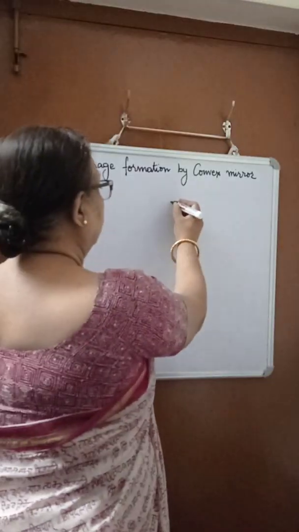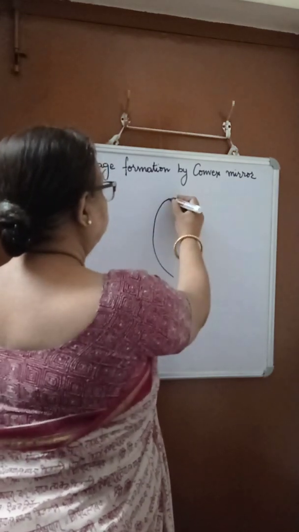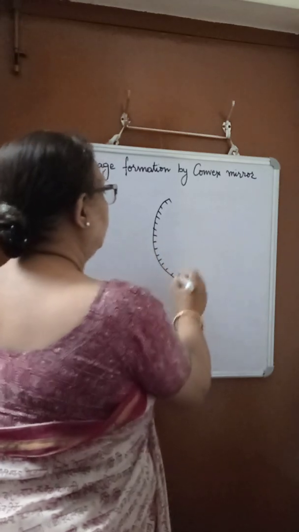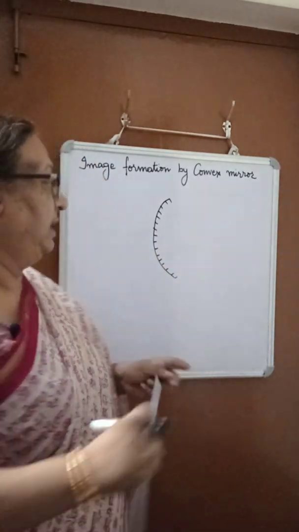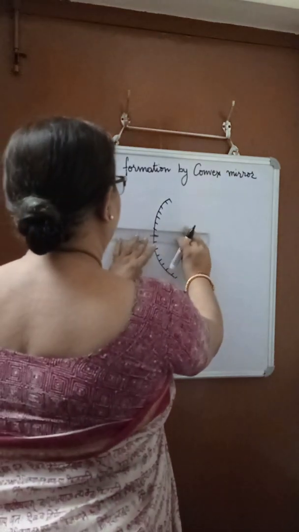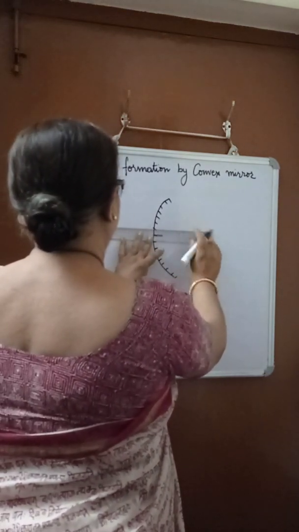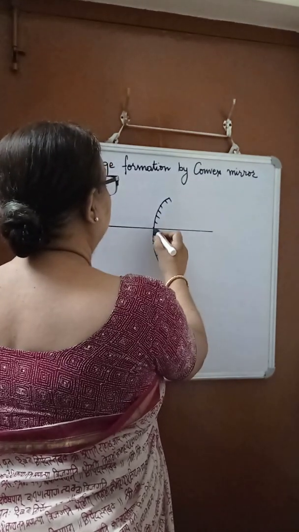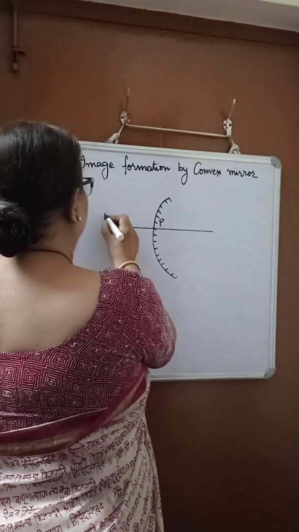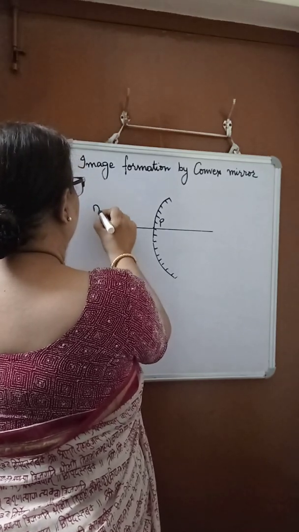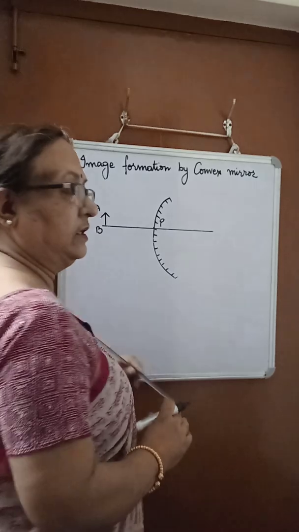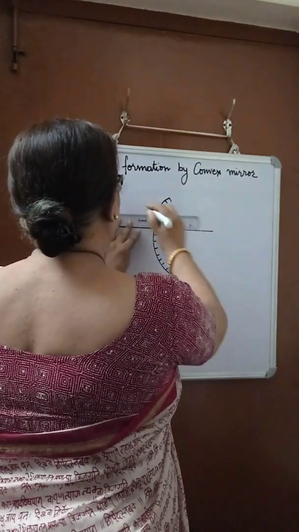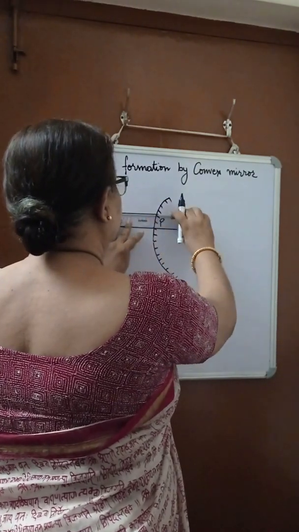Again we have a convex mirror. This is a convex mirror. Then we take the principal axis. This is the pole of the mirror. AB is the object. Now again we have a ray which is parallel to the principal axis.